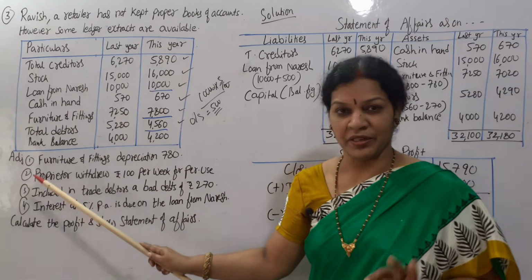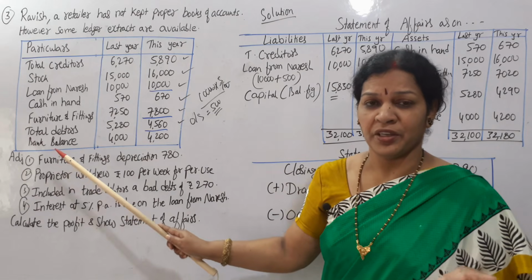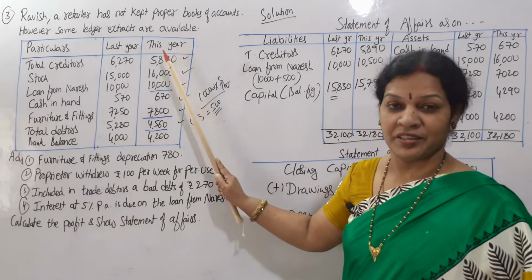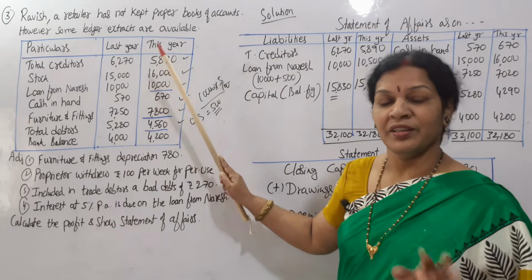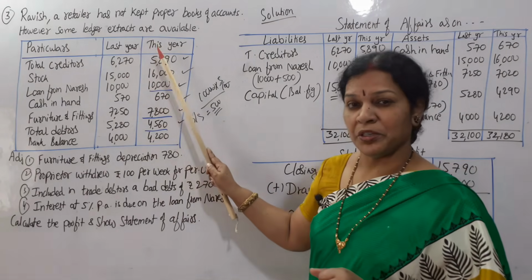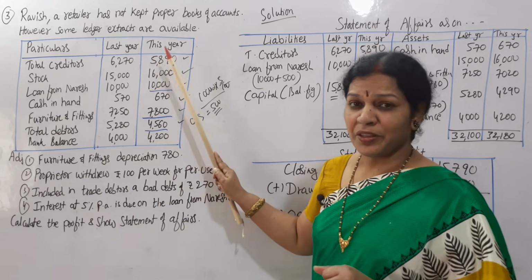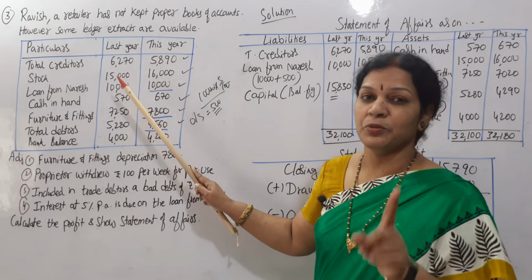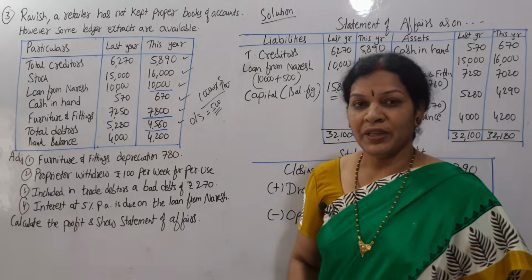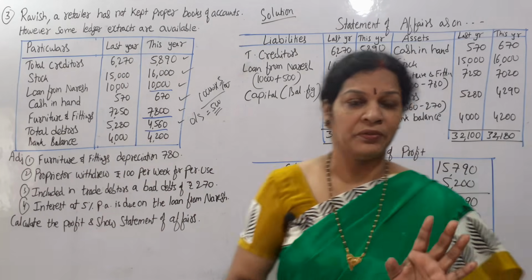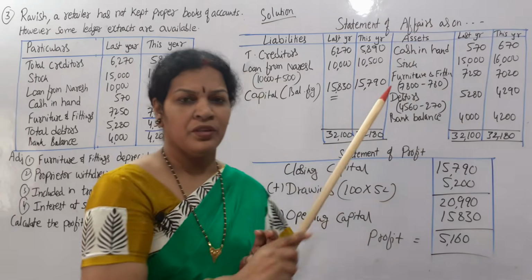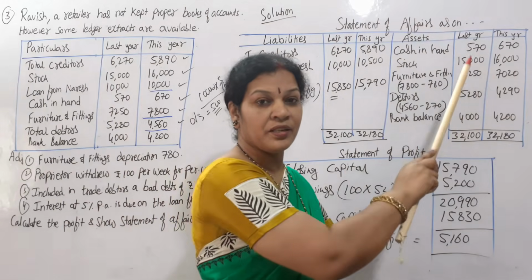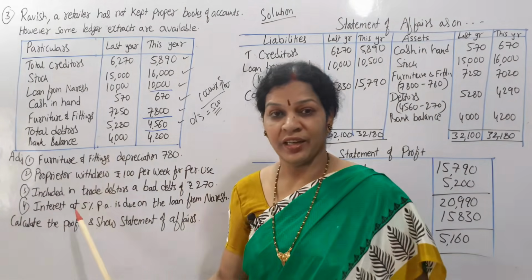Some information is given related to the statement of affairs, which means the balance sheet, and also adjustments. Adjustments we always have to do with the current year, not the previous year. Sometimes they may give you 2020, 2021. It means adjustments for 2021 only, not for the previous 2020. You must be very careful. So what we have done first, the statement of affairs. We have posted all the assets and liabilities by considering the adjustments.